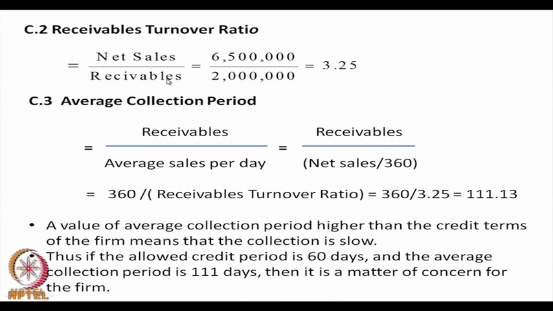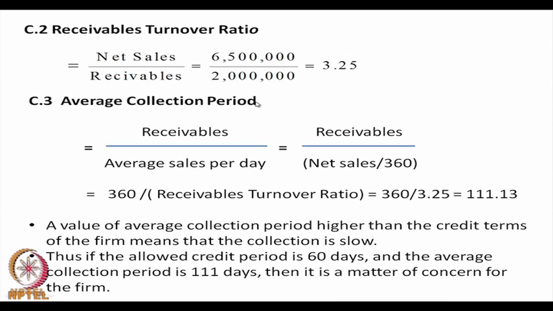Only thing, the denominator is not the inventory, but receivables. In this case it is 3.25, which means that whatever amount is receivable, cash sales is much larger and credit sales is less. So, the higher it is, the better it is.